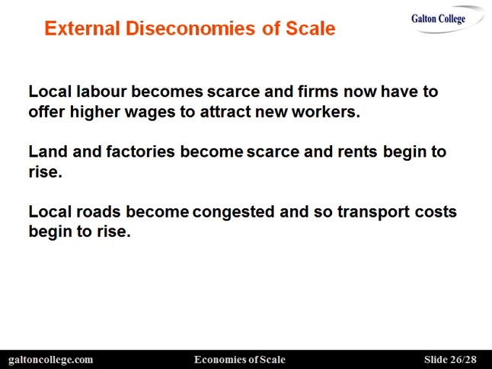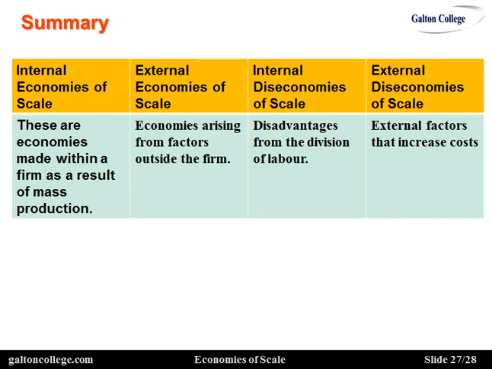So we have internal economies of scale, we have external economies of scale, internal diseconomies of scale and external diseconomies of scale. 4 components. In summary, the internal economies of scale, well, these economies made within the firm as a result of mass production.